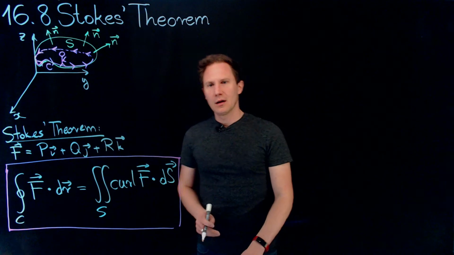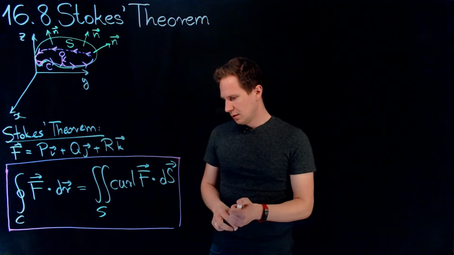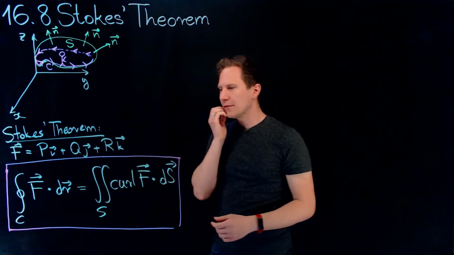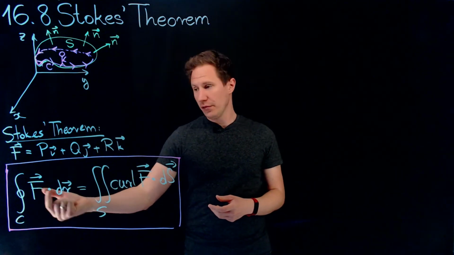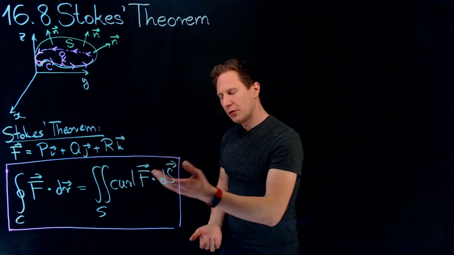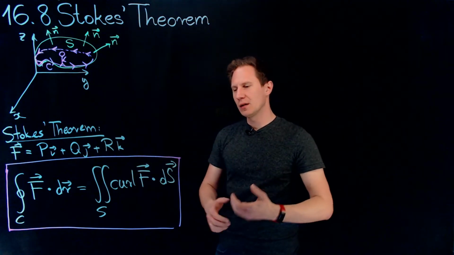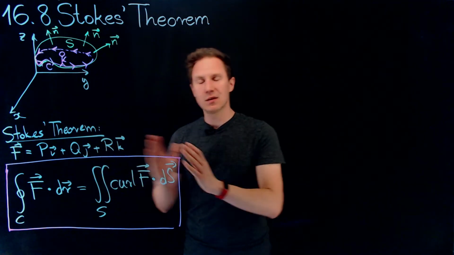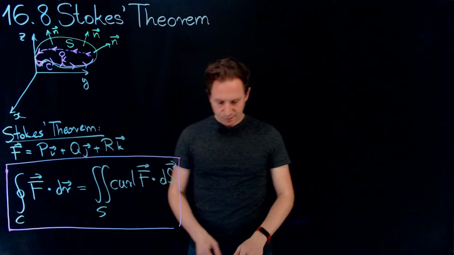So to make it even more clear, what we have on the left-hand side is the integral of the tangential component of F around that curve C, and on the right-hand side we have the normal component of the curl of F being integrated across that surface S. And the claim is that these two integrals give you the same result.